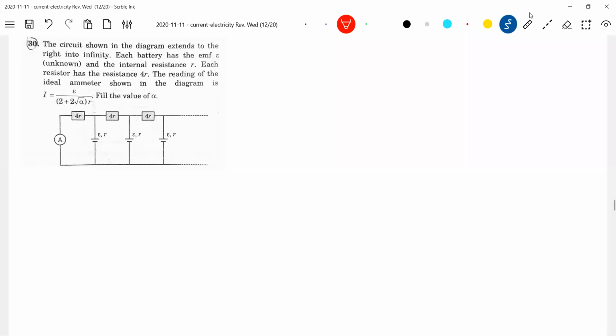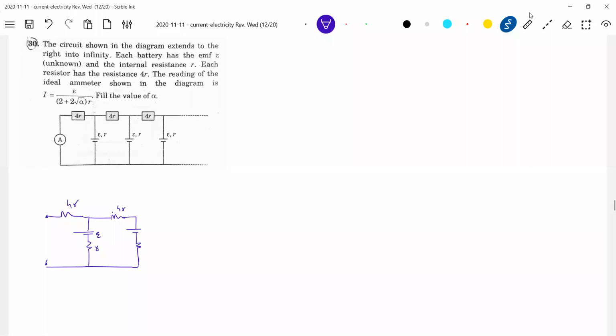What will this method be like? This is 4R. Remove that ammeter for the time being.